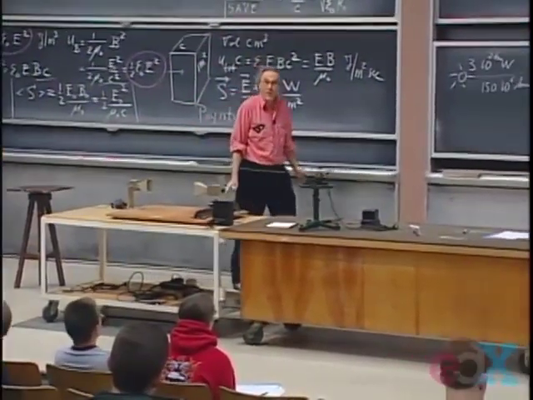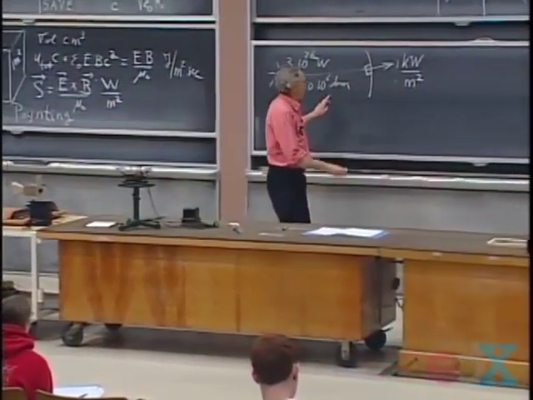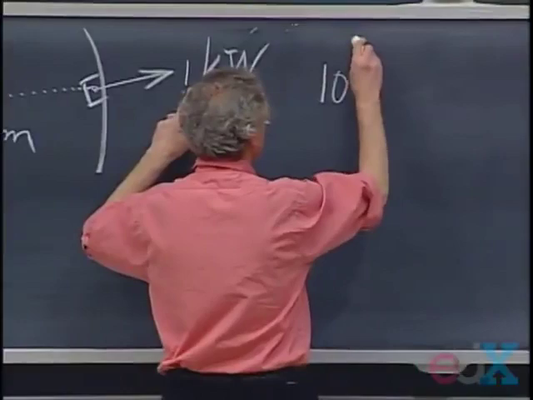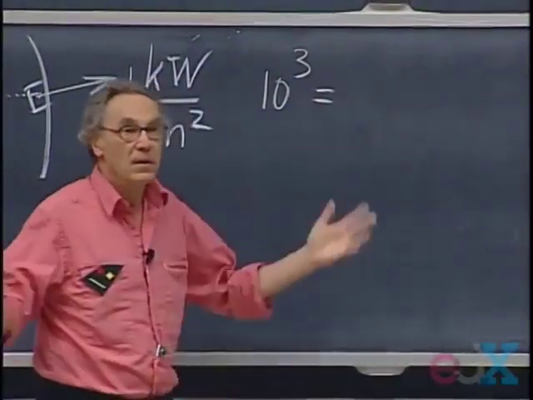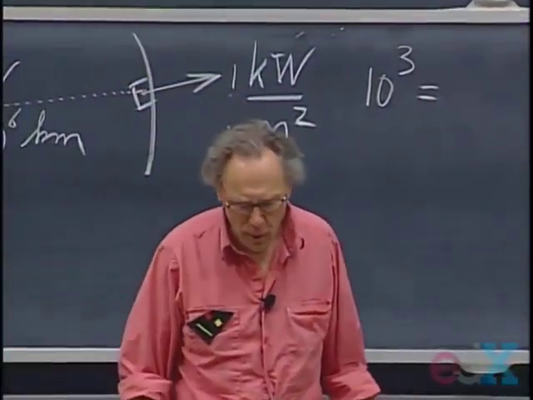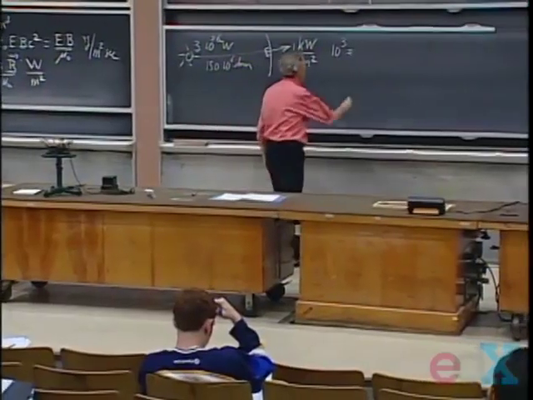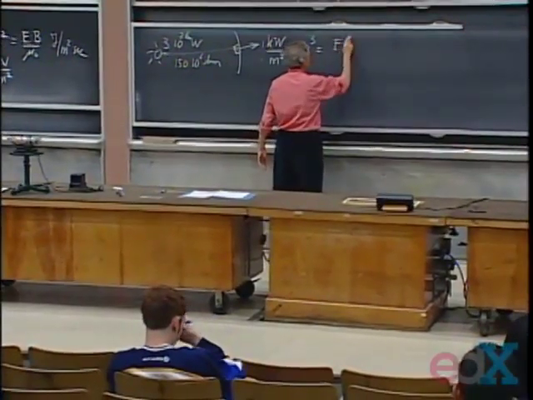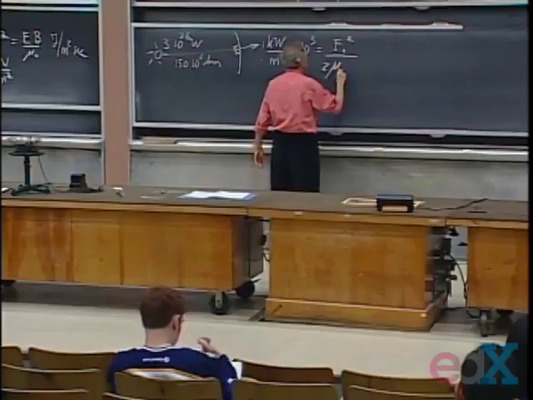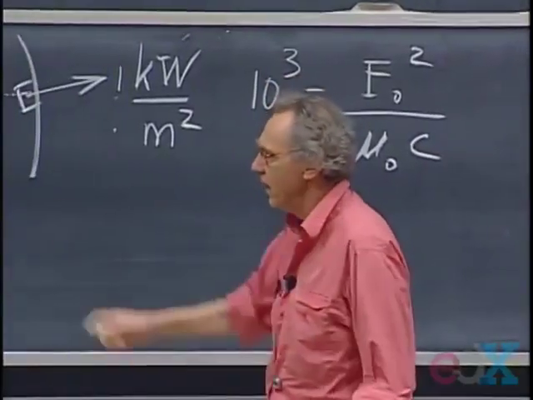And I really don't know how meaningful that is, but you would then get the equation that the average value of the Poynting vector, that's a given, is then E0 squared divided by 2 mu 0 c. We derived that there.